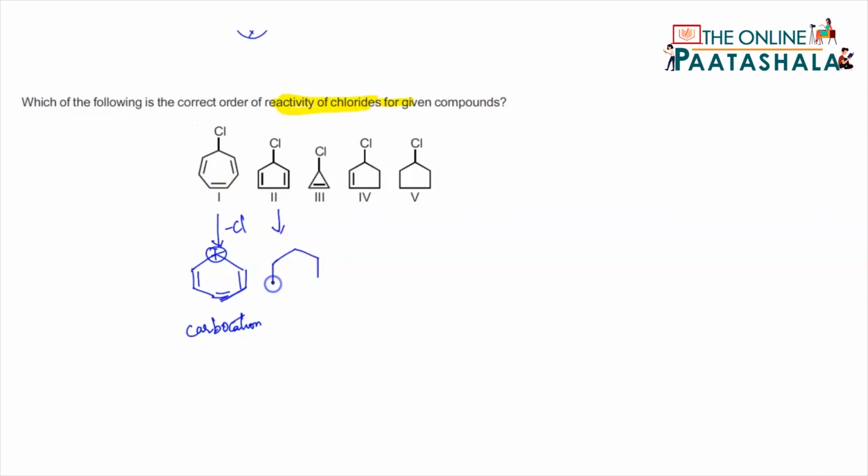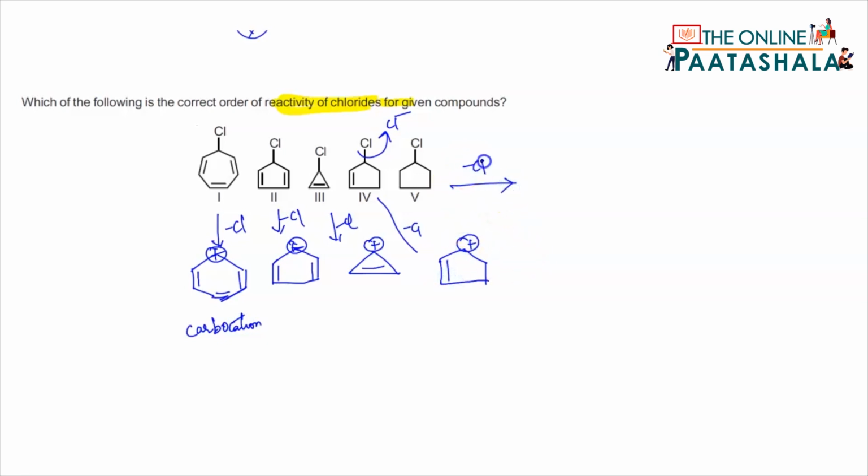Again here also a carbocation, and here also, minus chlorine. Whenever chlorine is removed, it goes as Cl minus, and here it remains as plus 1. Again Cl is removed and you get plus like this.